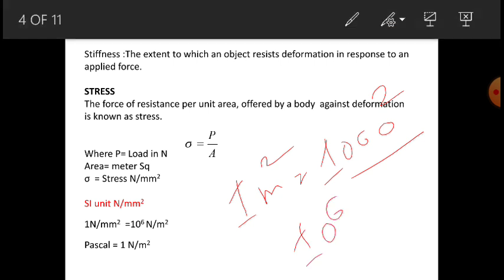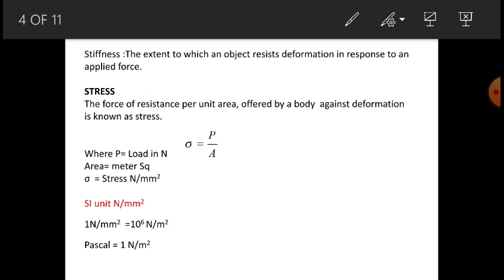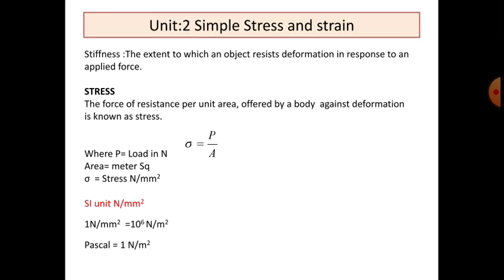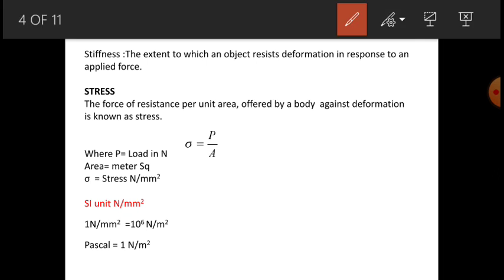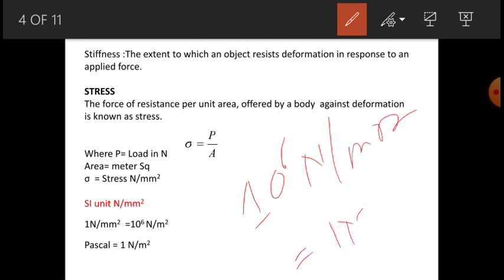So 1 Newton per mm square is equal to 10 raised to 6 Newton per meter square, and 10 raised to 6 Newton per meter square is equal to 1 mega Newton per meter square.